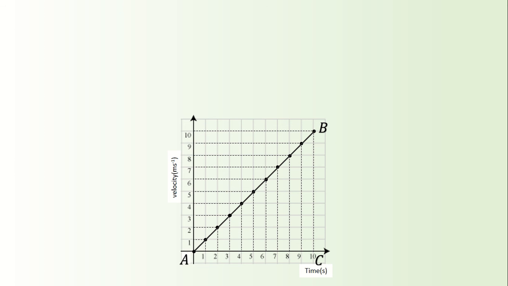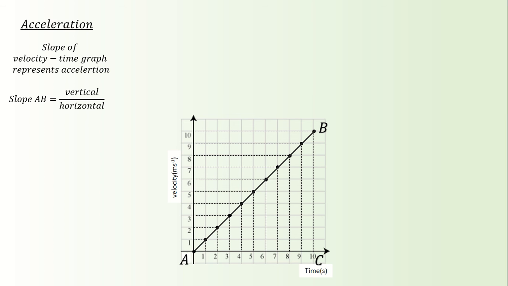Let's take another example. Acceleration for the motion will be equal to the slope of the velocity time graph. Here, slope is equal to vertical over horizontal. In this graph, vertical is BC and horizontal is AC. We can see that BC is equal to 10 and AC is also equal to 10. Putting the values, we get the acceleration 1 meter per second square.